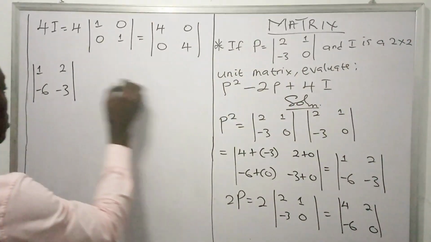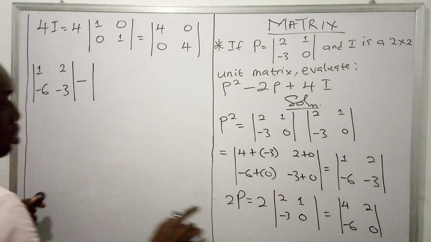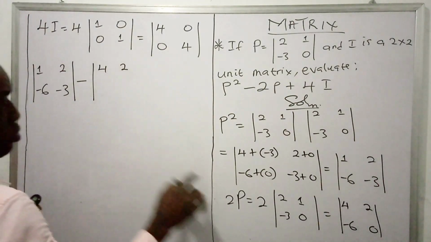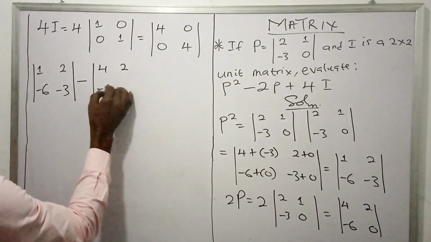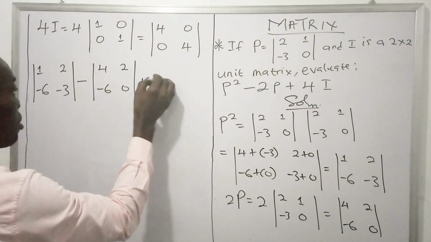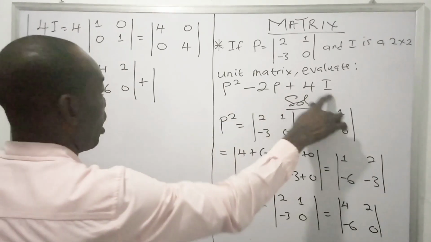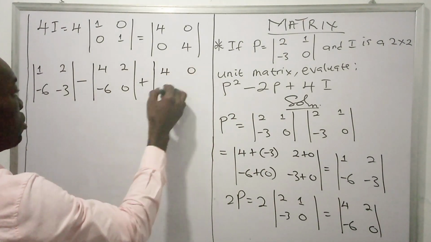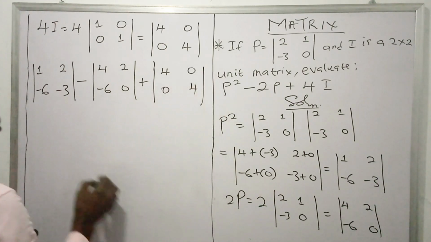The sign here is minus. Then 2P gave us 4, 2, minus 6, 0. Then we have a positive sign here. Then 4I gave us 4, 0, 0, 4.